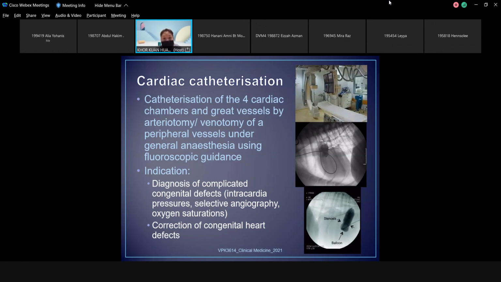If there are cases with complicated congenital defects, they might want to check the intracardiac pressure, or do an angiography. They will go for cardiac catheterization, or if there's any correction of a congenital heart defect, they might opt for cardiac catheterization.